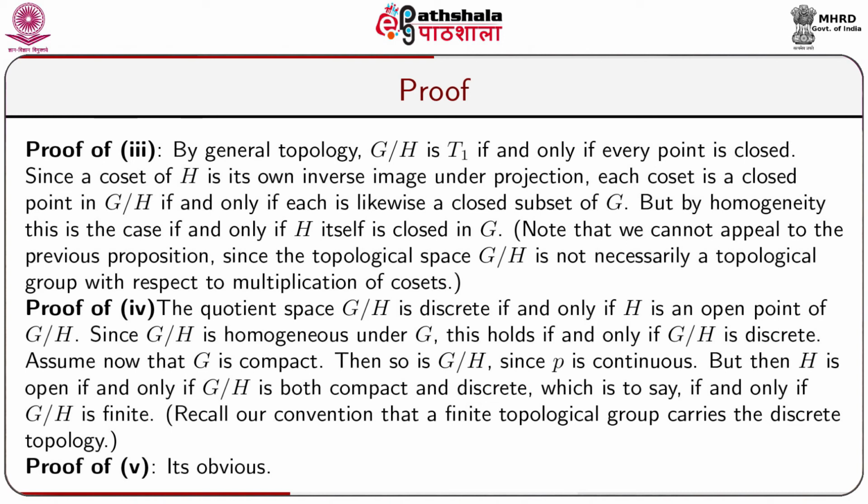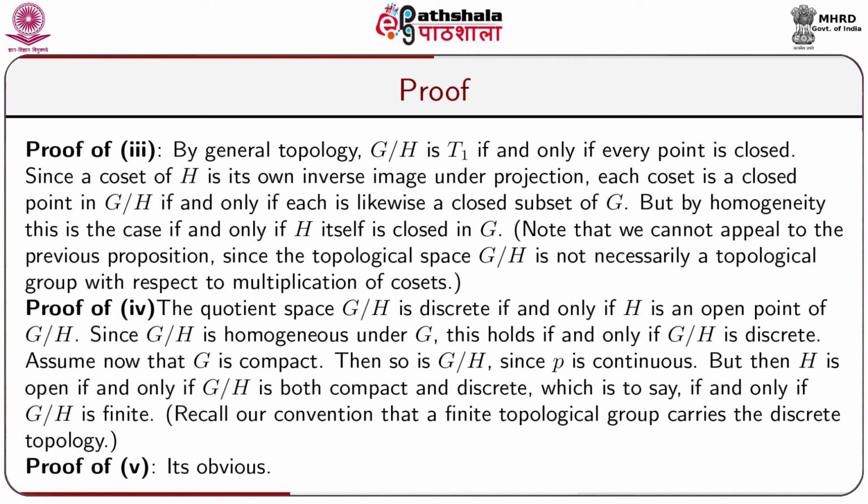Now, if H is open in G by H, then every aH is open because left multiplication is a homeomorphism. That means every singleton set is open in G by H, and therefore G by H has discrete topology.